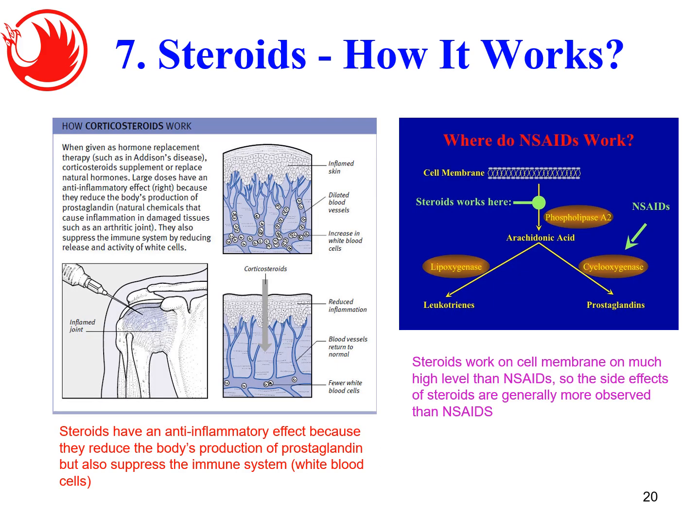How this steroid works is that it has an anti-inflammatory effect because it reduces the body's production of prostaglandin. Prostaglandin is a chemical produced by the body to protect us.